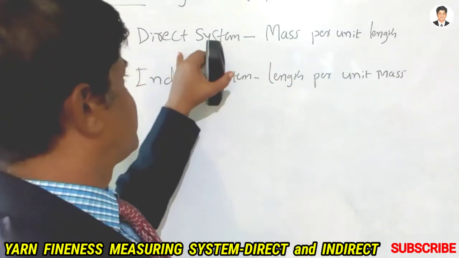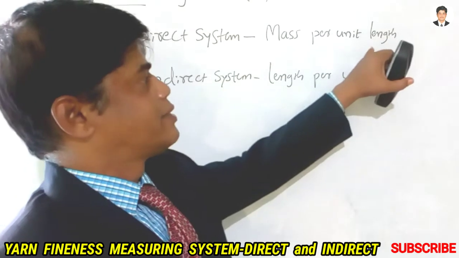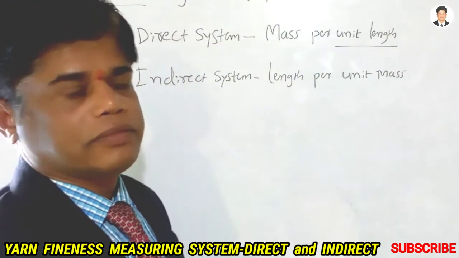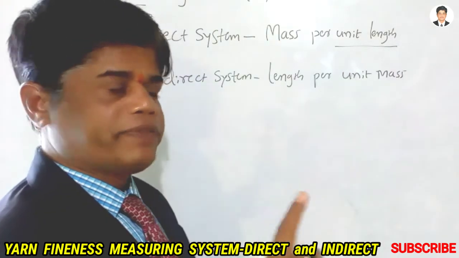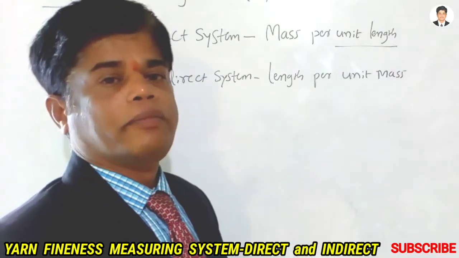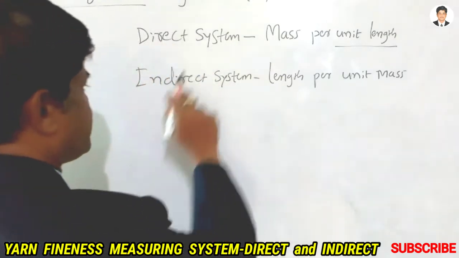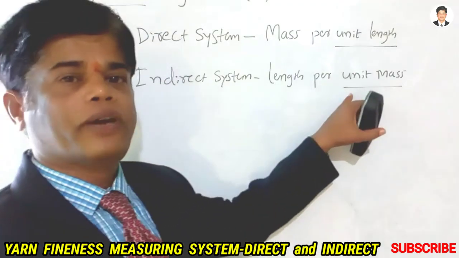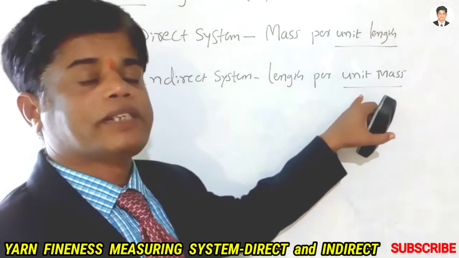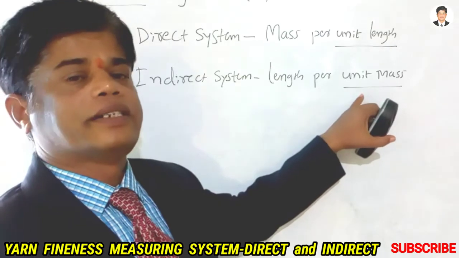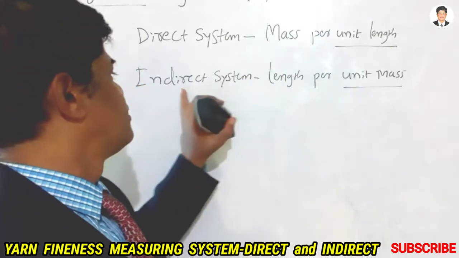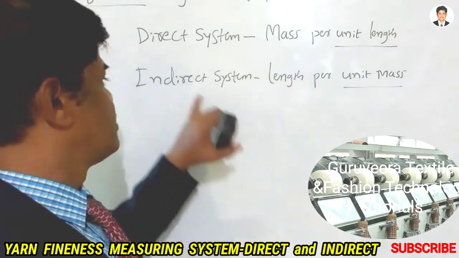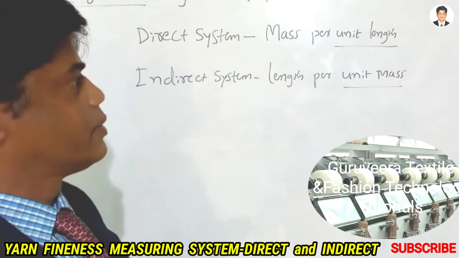If you check the direct system, unit length means there is a specific length taken for measurement of the fineness. Here, unit mass is a specific weight, a standard weight considered to measure the fineness of the yarn in an indirect system.